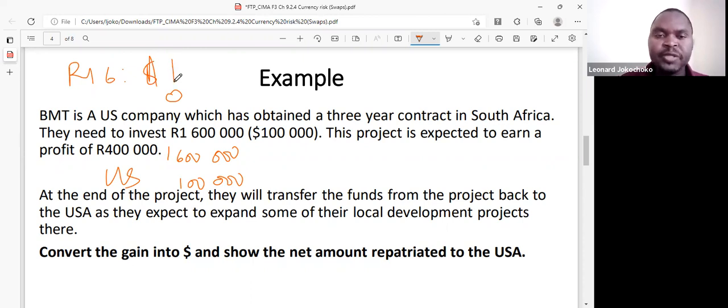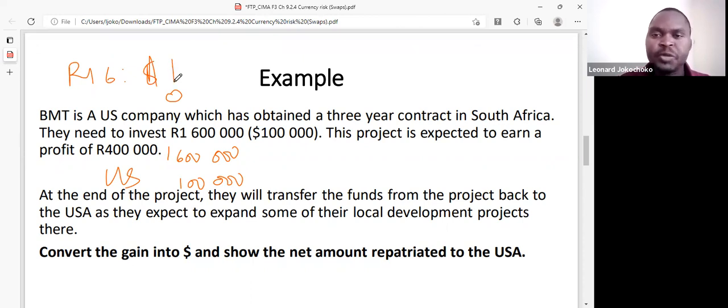In a world where we don't have exchange rate changes, this is what will happen after 3 years. The company will still have 1.6 million invested, but it will also have made 400,000 profit. Therefore, the 400,000 profit is added to their original amount. So when they go back, they'll have 2 million rand.